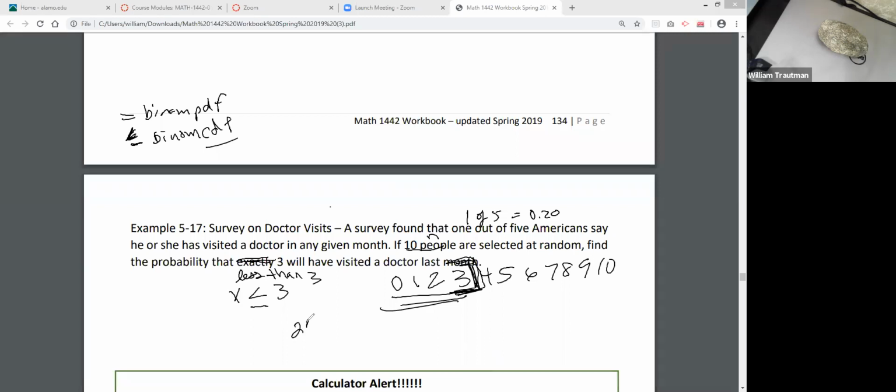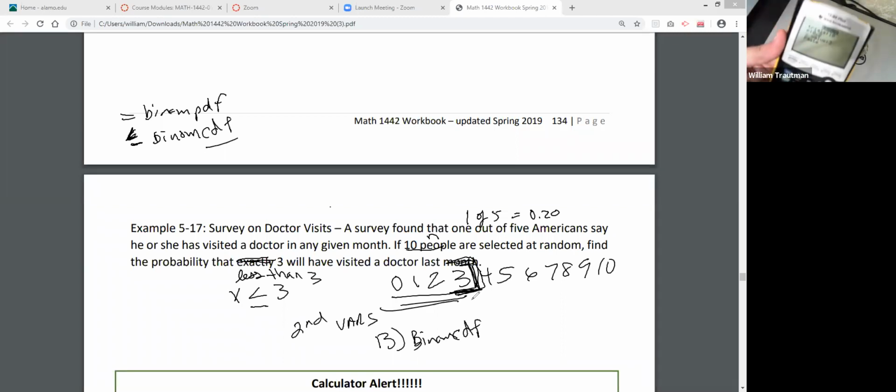So we have to go to second vars B, binomial CDF, and hit enter. The number of trials is 10. The probability is 0.2. The x value is 3. We're going to do less than or equal to 3, but we're going to type in 3 because when you say binomial CDF, when you say part B, they know it's less than or equal to.